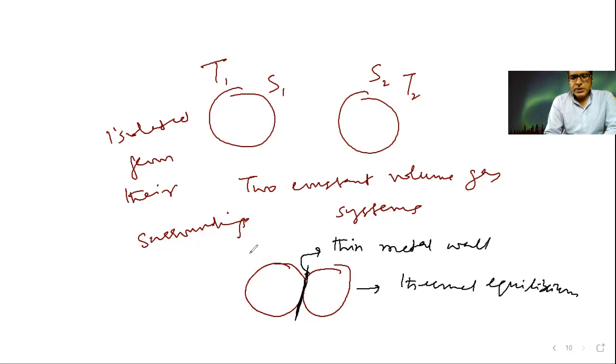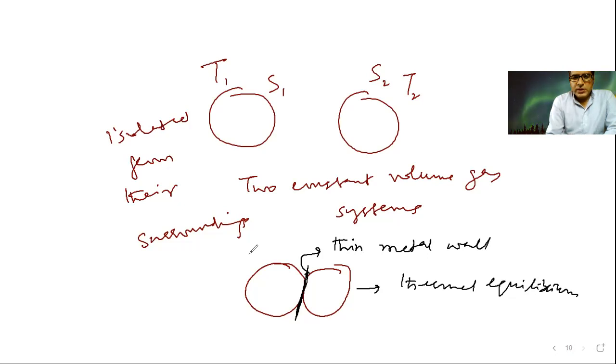So when I bring them in contact with a thin metal wall, these macroscopic properties will change, and after some time those macroscopic variables, that means temperatures and pressures of the systems, will stop changing. When they stop changing, we say the systems are in thermal equilibrium with each other now.